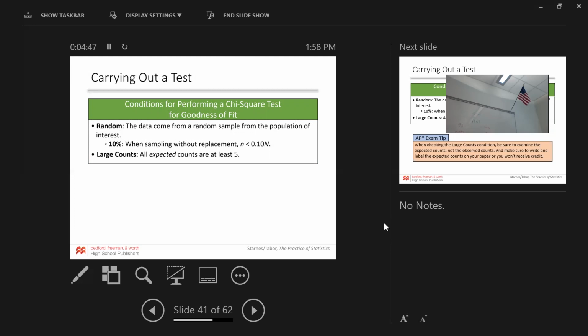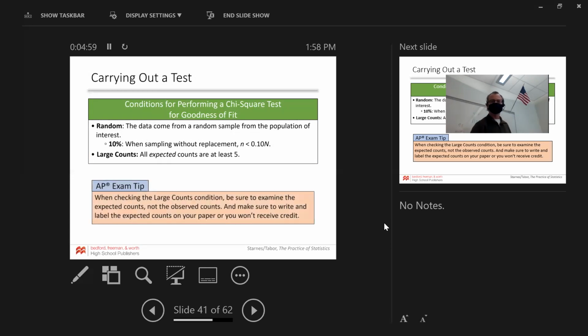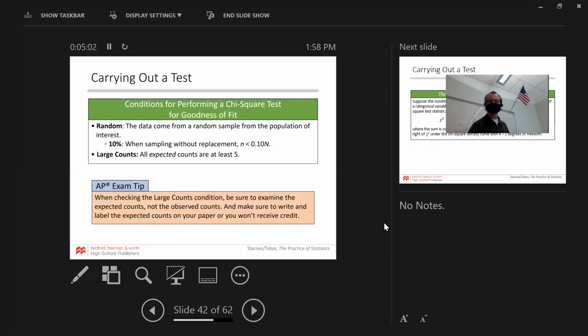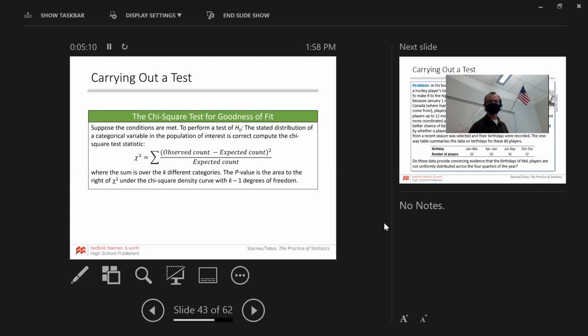Now, if you did that, which people do all the time, they say, oh, this number is less than 5. You have a blemish on your conditions. You can still get the problem essentially correct. All right. Be sure to examine the expected counts, not the observed counts. There's the test statistic.